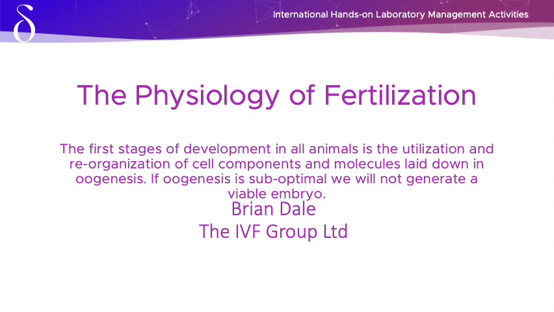Fertilization is actually a physiological process of two cells already preformed, ready to interact with each other. The oocyte has to accumulate molecules of all sorts and structures that are laid down during oogenesis. And if oogenesis is suboptimal, we will not generate a viable embryo.